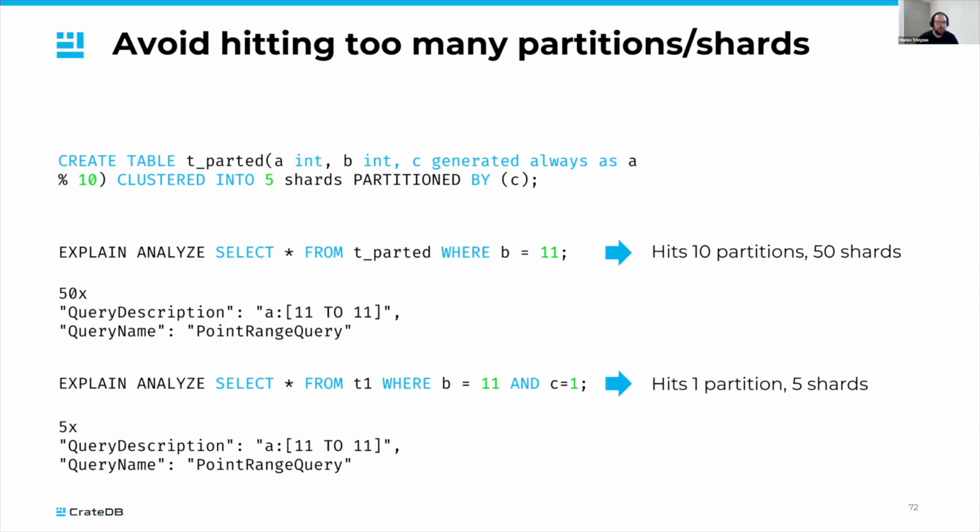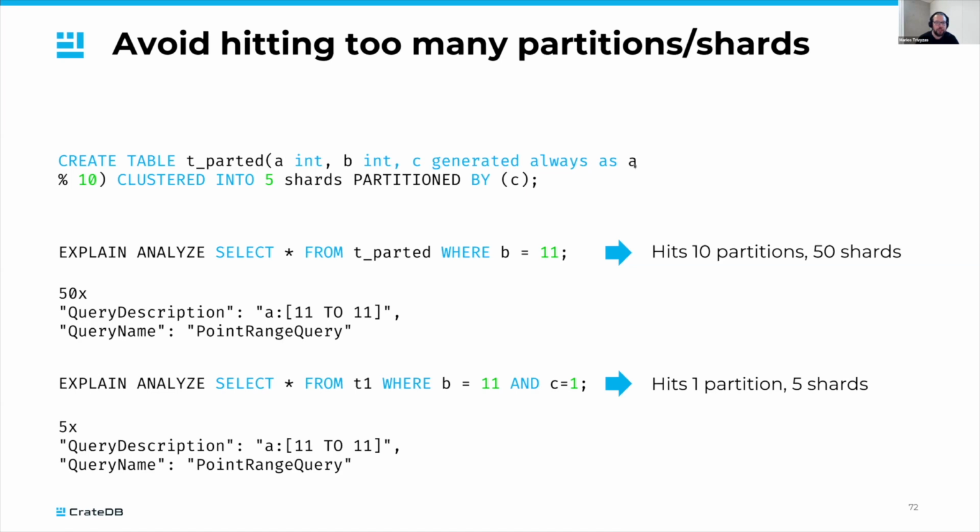In this example, I'm having something a bit artificial to show, just for the ease of the example. So we have a simple table with A and B columns, and we have a C column, for which we don't provide values, but it's always generated given a function. It's just a modulo on the A column.